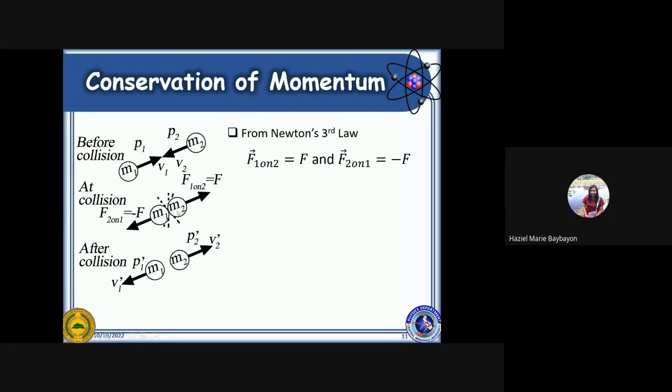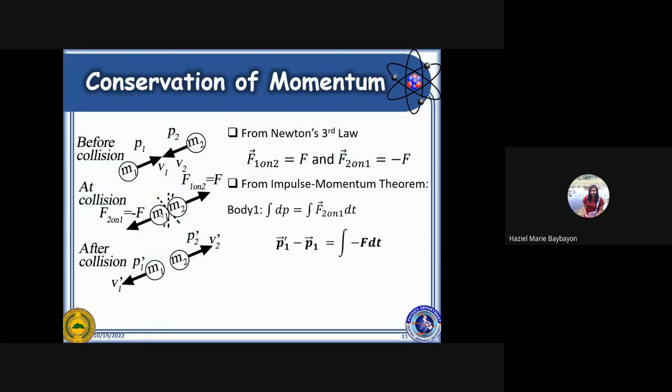So even if it is a bus and a firefly, they will have the same amount of force. The amount of force that they exert on each other is equal in magnitude but opposite in direction. Now, from the impulse-momentum theorem, we have body 1.